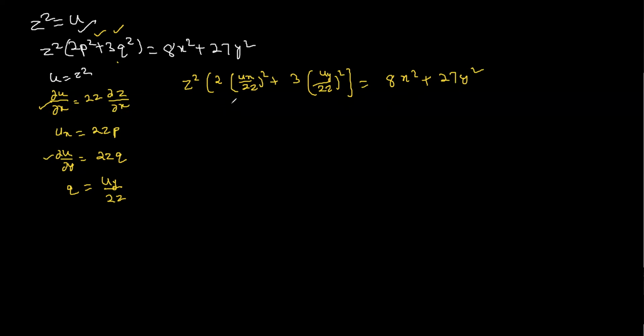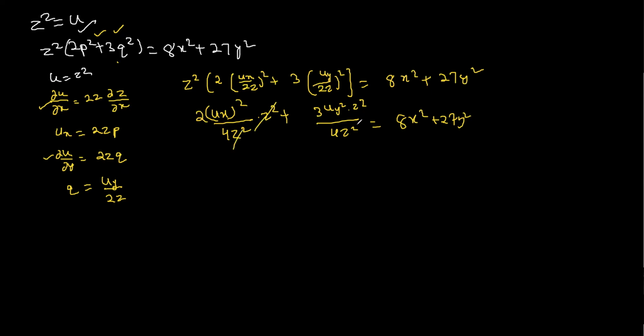We will simplify this. When you open the bracket, you will get 2 Ux square upon 4z square into z square, plus 3 Uy square z square upon 4z square, equals 8x square plus 27y square. Z square cancels.